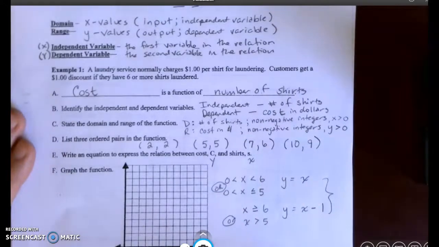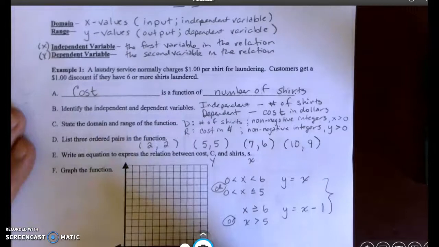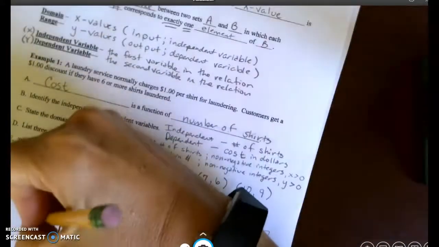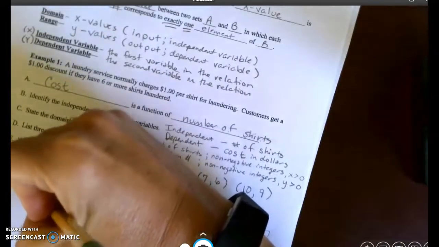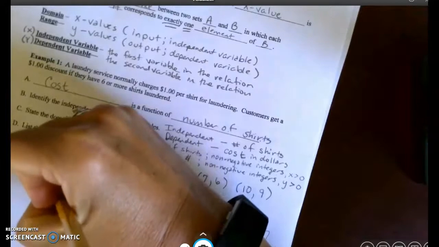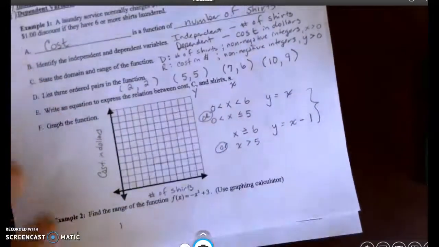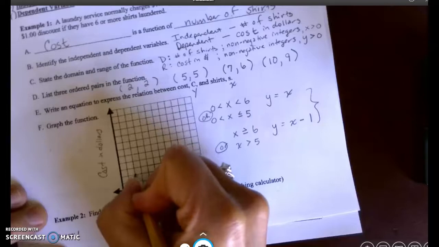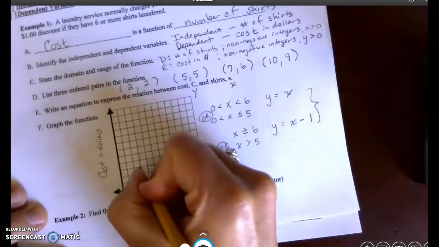So when I go to graph the function, on the x-axis is going to be my number of shirts, and on my y-axis is my cost in dollars. So let's see here. When I don't have 0 shirts. When I have 1 shirt, it's $1. 2 shirts, it's $2. 3 shirts, it's 3.